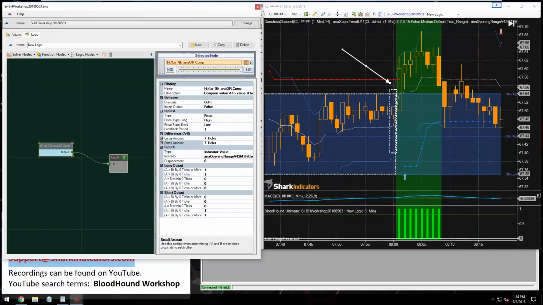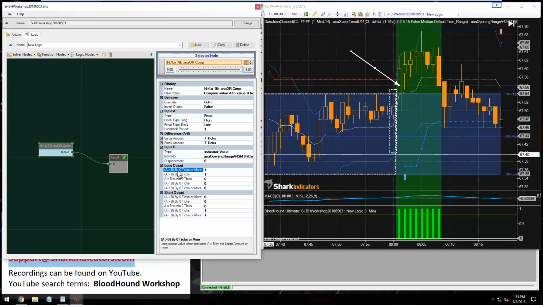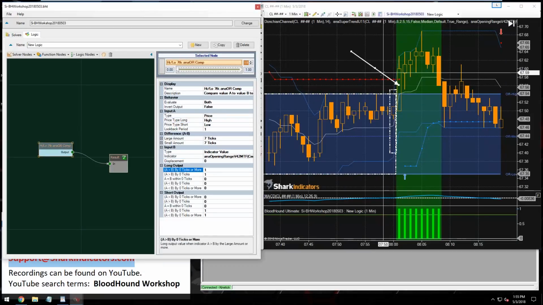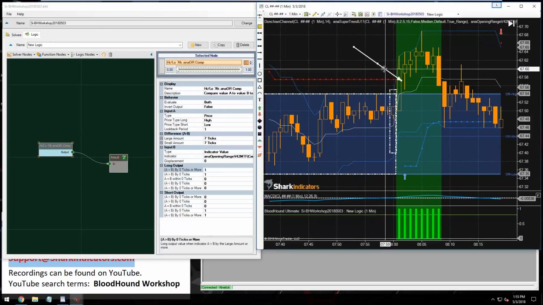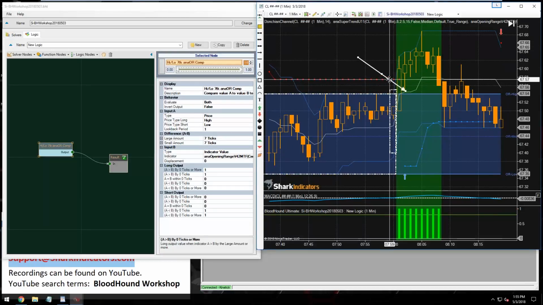And we also need to adjust the outputs. So for the long output, it says A greater than B. So that means when the high price is greater than the open range. And yeah, bingo. Right now, the way the output is set up, it's detecting the breakout, basically when the high of the bar is above the upper range.